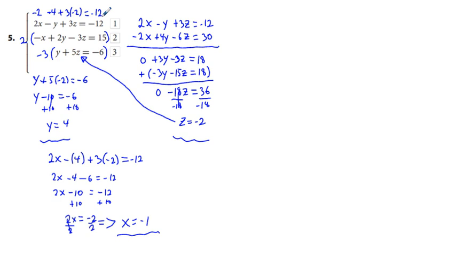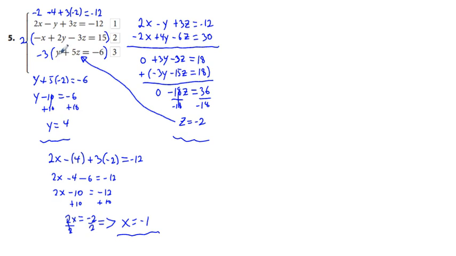That checks out. Then we have negative x, so that's going to be 1 plus 2 times 4, that'll be 8, plus 9 plus 6, 15, check.